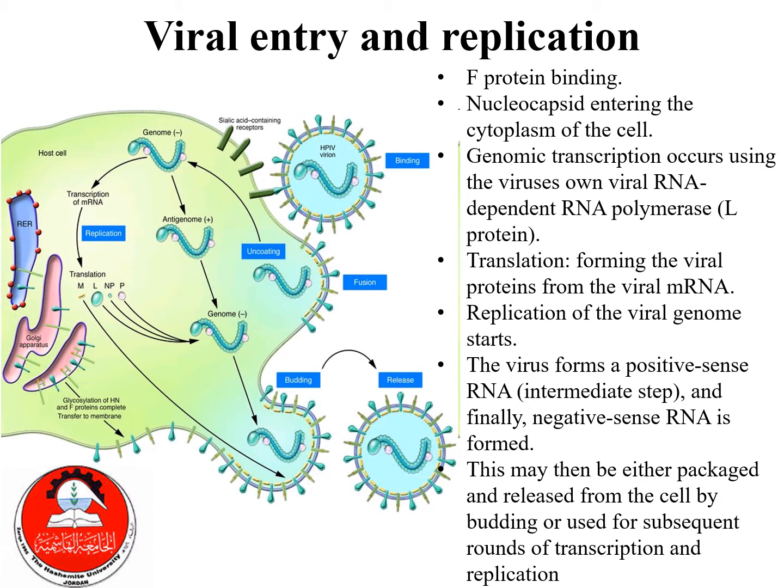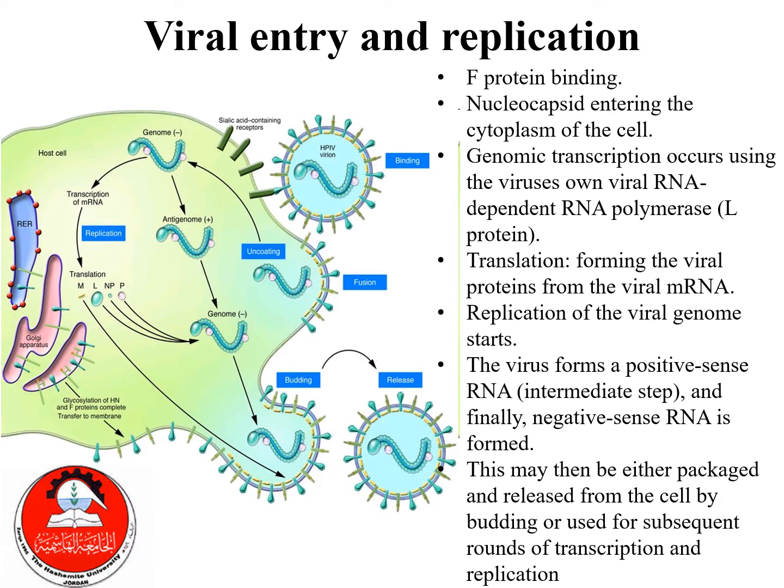Human parainfluenza virus has a negative sense genome. The replication process starts by the binding of the parainfluenza virus to its receptor on the target cell. Then a fusion step occurs where fusion of the viral membrane occurs with the cellular membrane, and the nucleocapsid enters into the cytoplasm of the target cell.